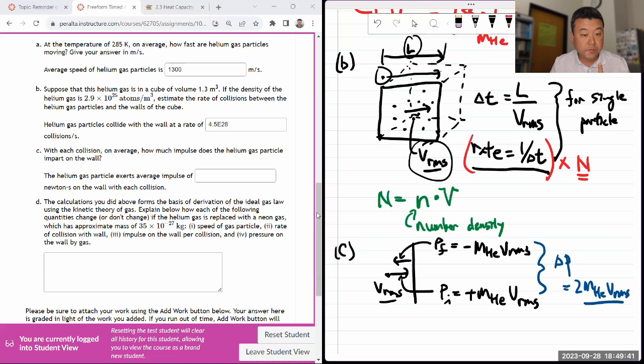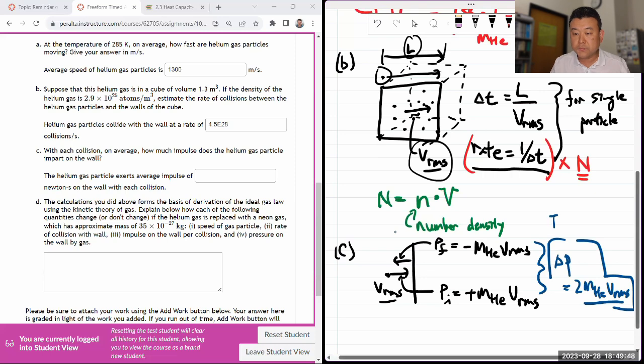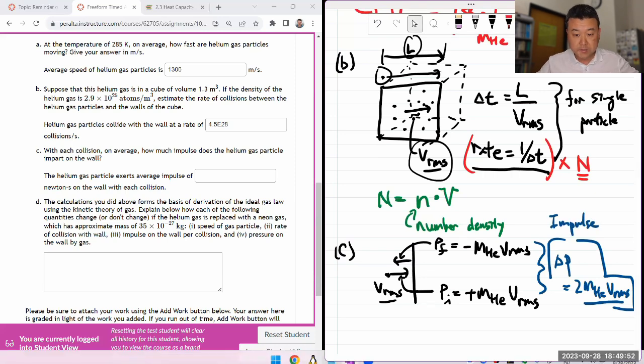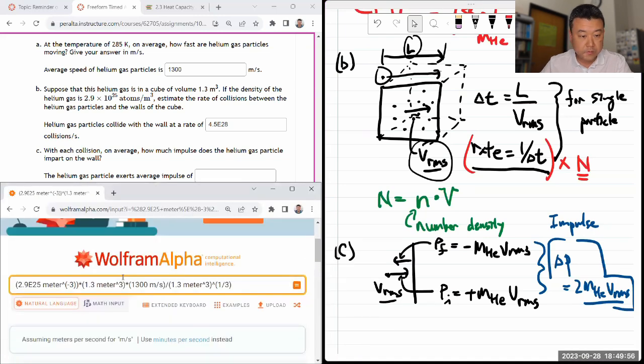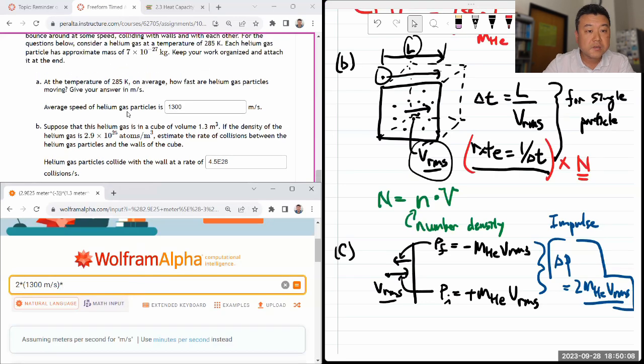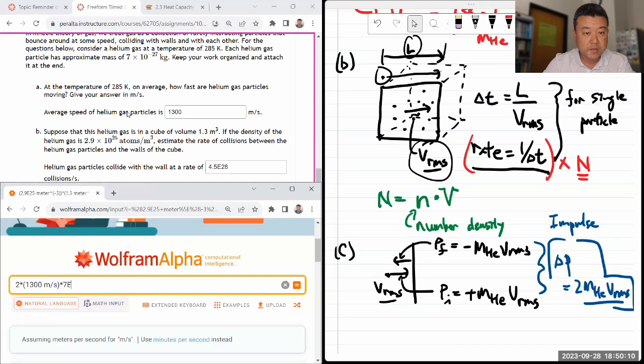And it's asking for average impulse. Oh yeah, so I think this is the impulse, if you remember the definition of impulse from physics 4A. So I'll just plug in numbers in Wolfram Alpha. I have 2 times the VRMS that we calculated above, and then I need the mass of the helium atom, which I had above, 7 times 10 to the power of minus 27 kilogram.